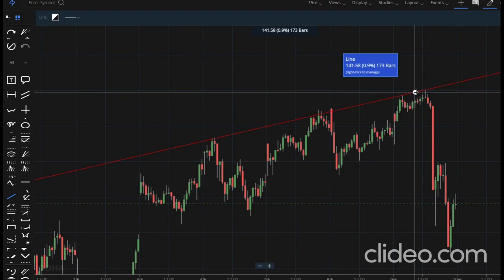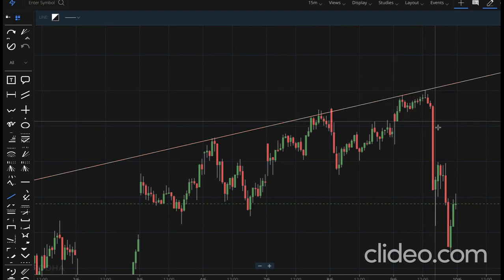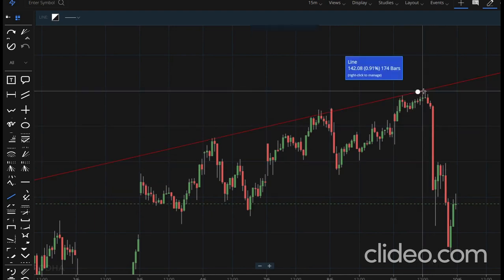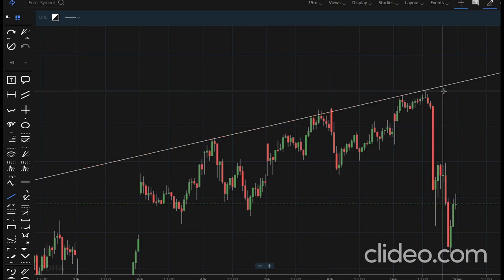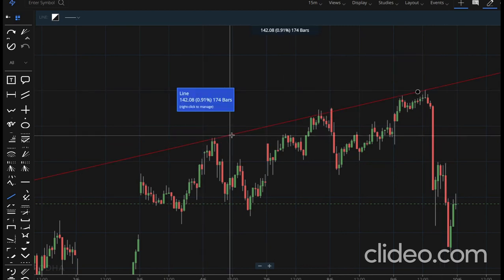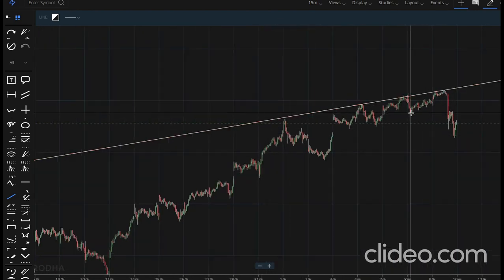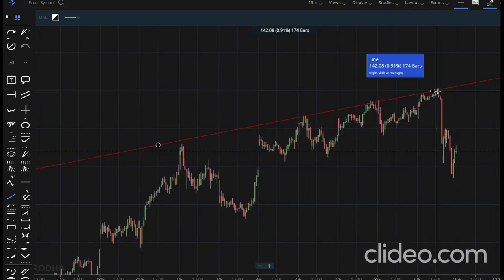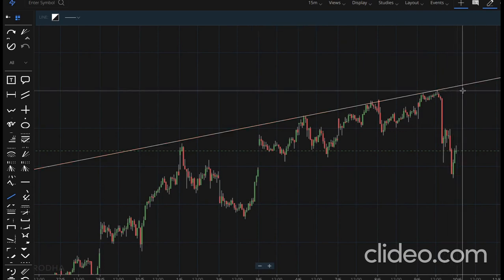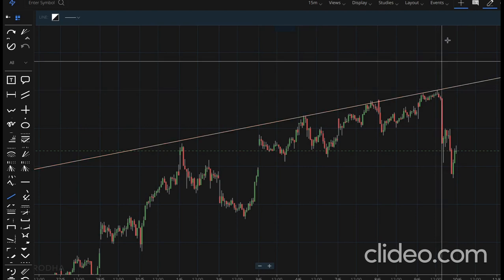I want to buy a 15,800 P whenever it reaches 15,800, which is exactly matching the highest point of this slope line or the trend line. And if that is the case, then our trade would have executed whenever it reaches 15,800.